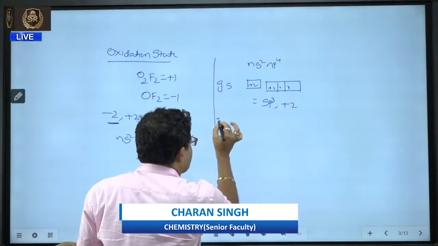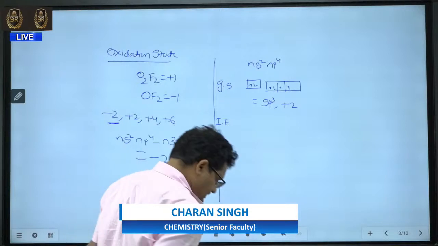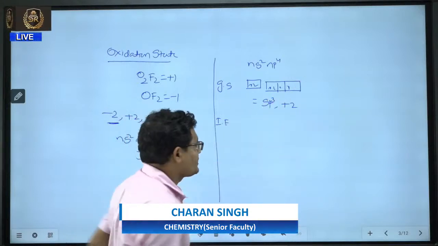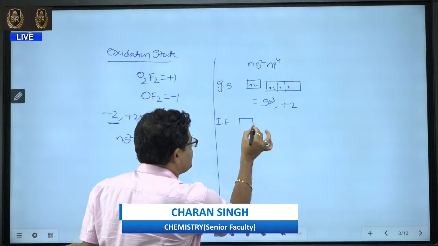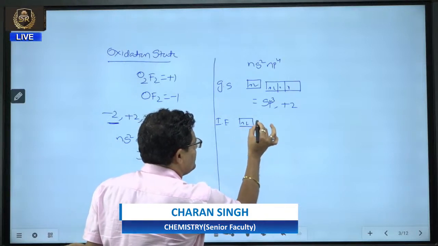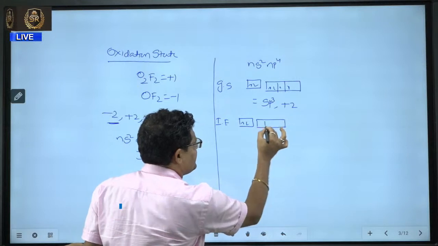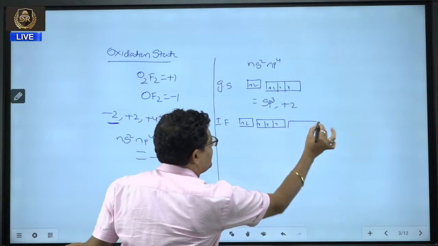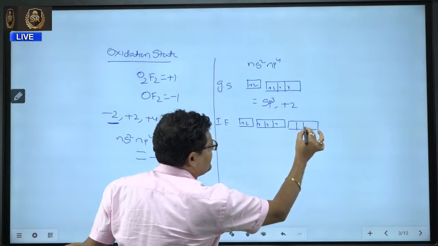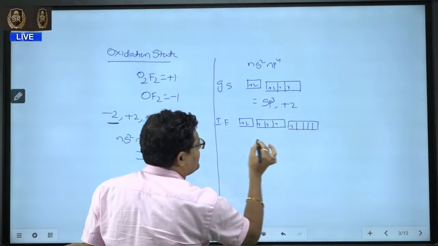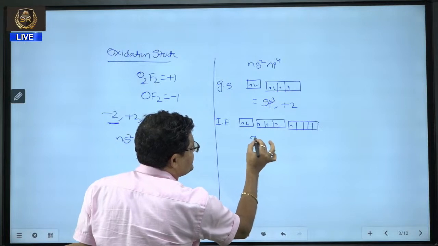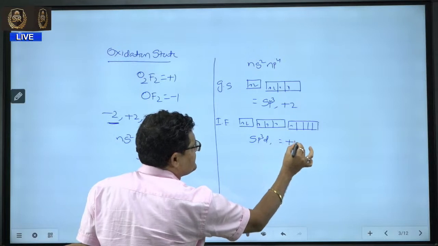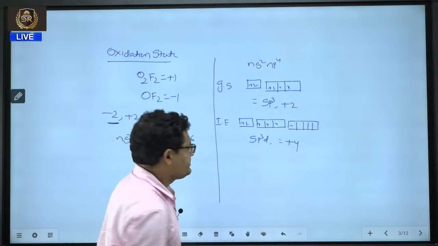Now in the first excitation state, as we discussed, a paired electron enters the d side. That's why s contains 1, 2, p contains 1, 2, 3 and d contains 1. So the hybridization is sp3d. It is the +4 oxidation state.